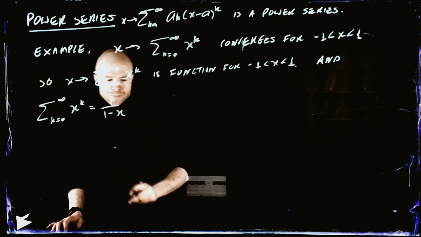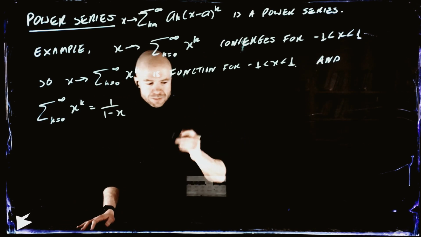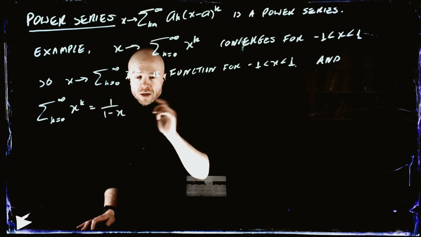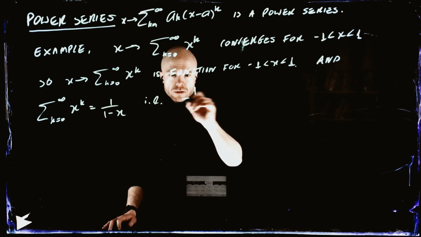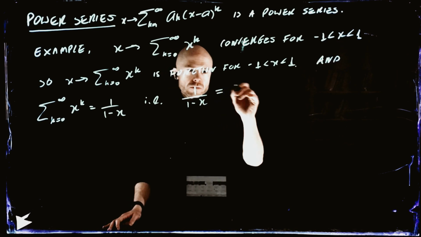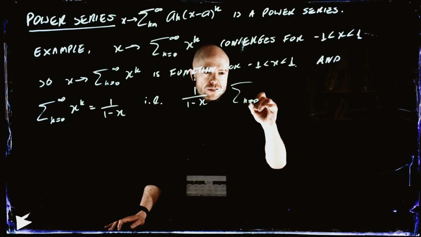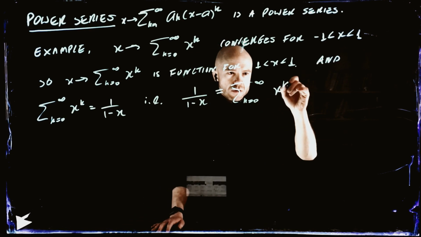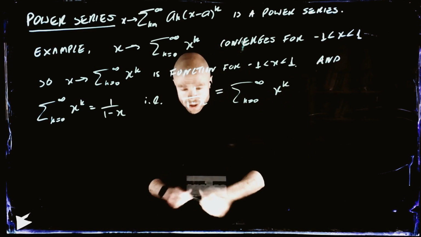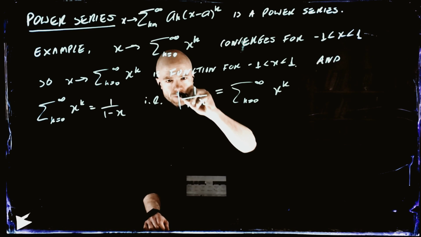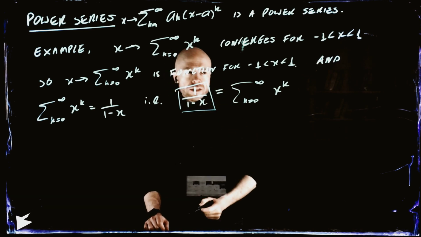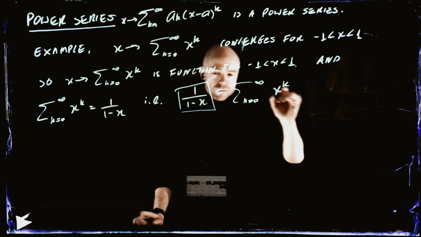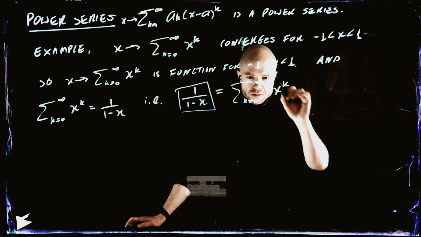Yeah? And this is a kind of a hint of where things are going, because if we turn this equality around, then we have this. I'm writing exactly the same thing, except I'm putting it the other way around. So if we are interested in this function, then what this actually says is that we can represent this as this infinite power series.